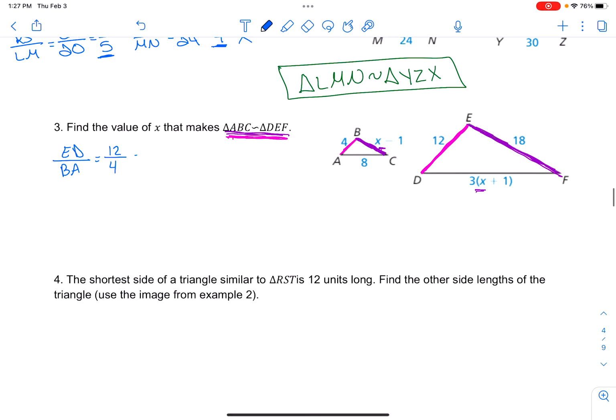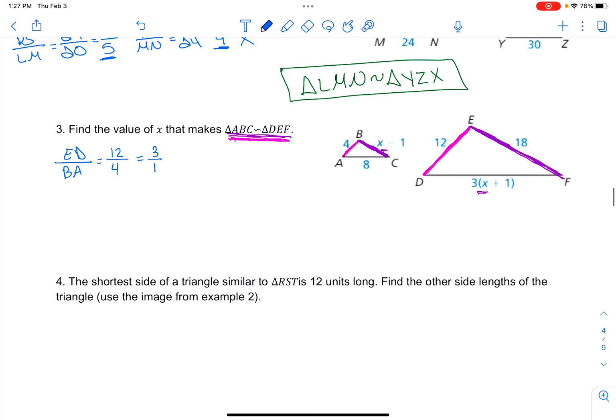In this case, that actually simplifies to 3 over 1, and we're going to leave that as a fraction still. And then we have the side EF that is similar to BC. So EF was 18, and BC was X minus 1.